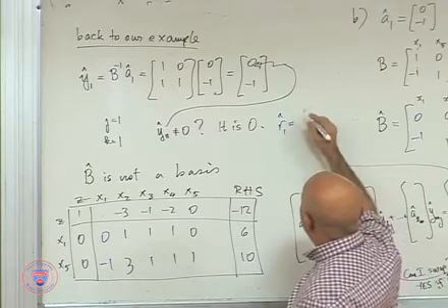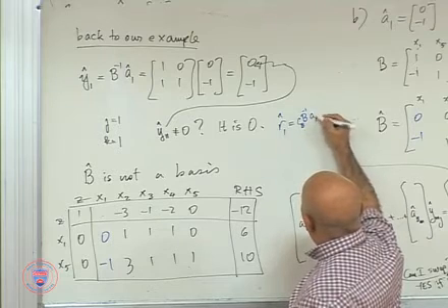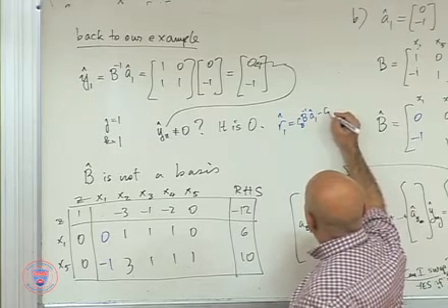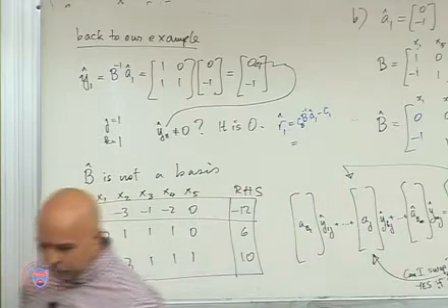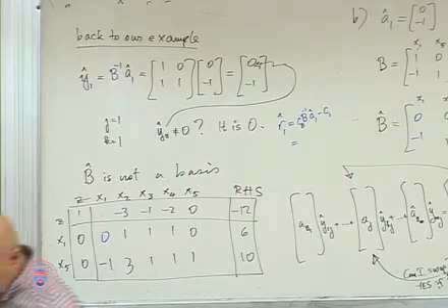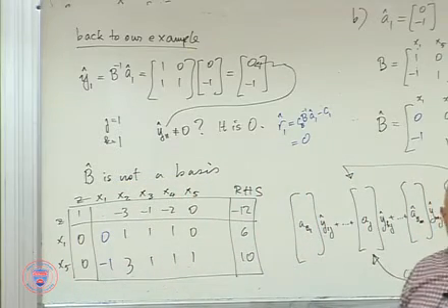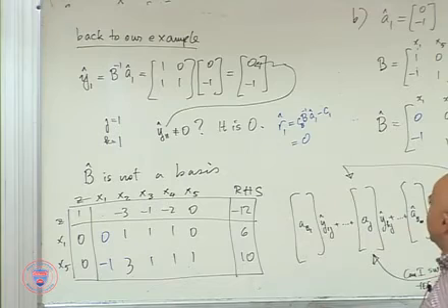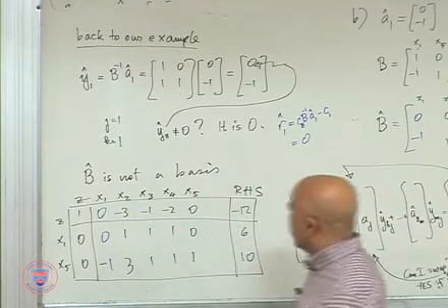Let's just write it this way. CB, B inverse A1 cap minus C1. So when you compute that, what you get is 0. You could just plug in the numbers and that's what you should get. So I have a 0 here.